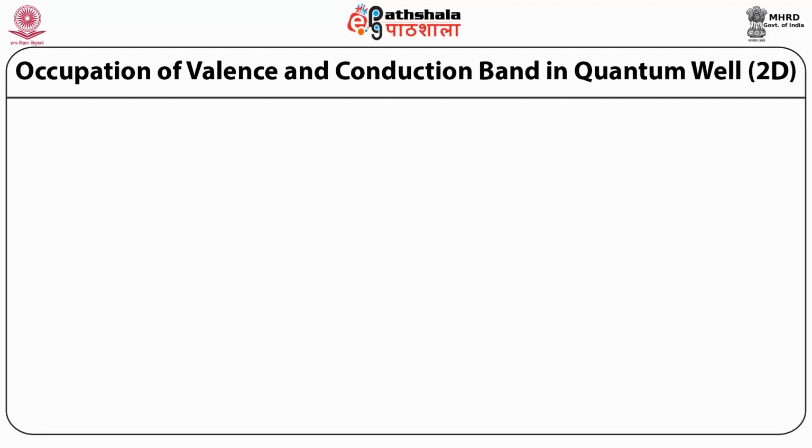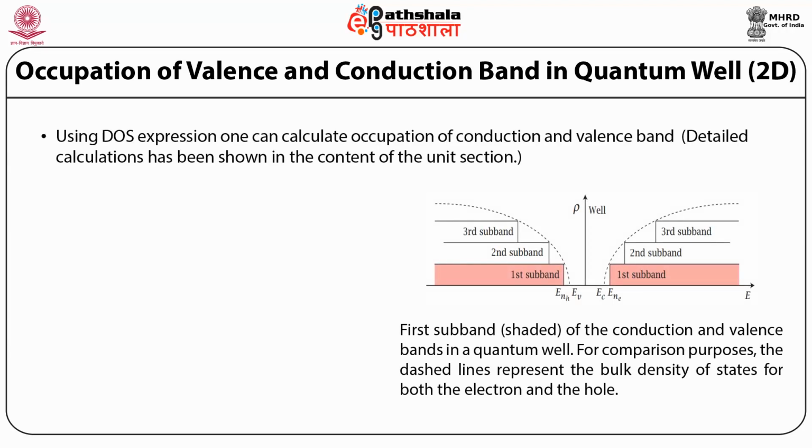The occupation of valence and conduction band in quantum well. Using the density of state expression, one can calculate the occupation of conduction and valence band. Detailed calculation has been shown in the content of the unit section.